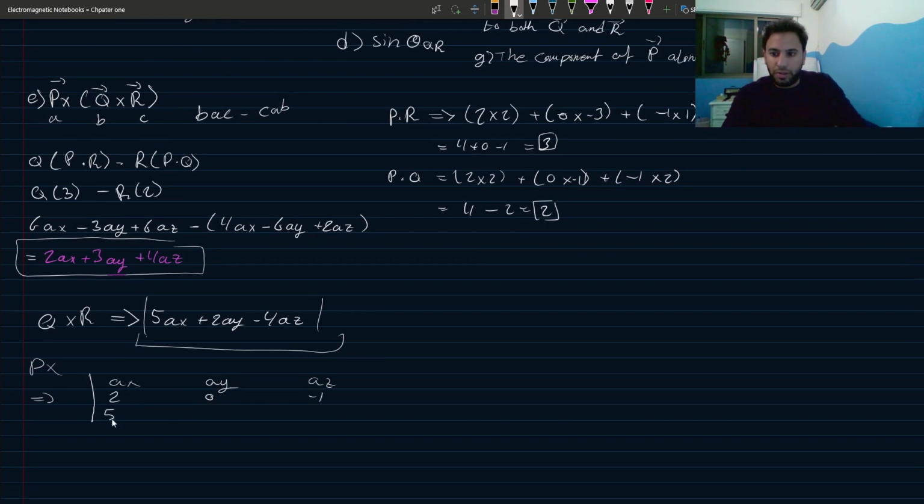And here we write 5, 2, minus 4. And then we close it. So we open a parenthesis and we write AX. 0 times minus 4 is 0. So minus 1 minus 2, and that will give us 2 plus.